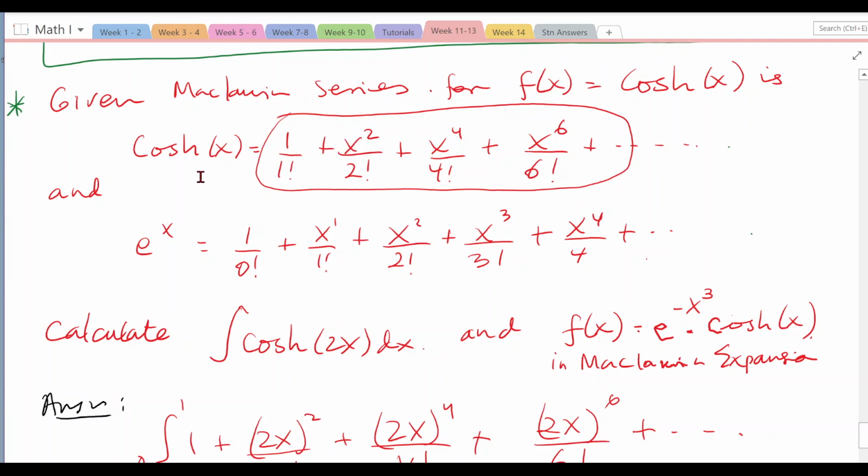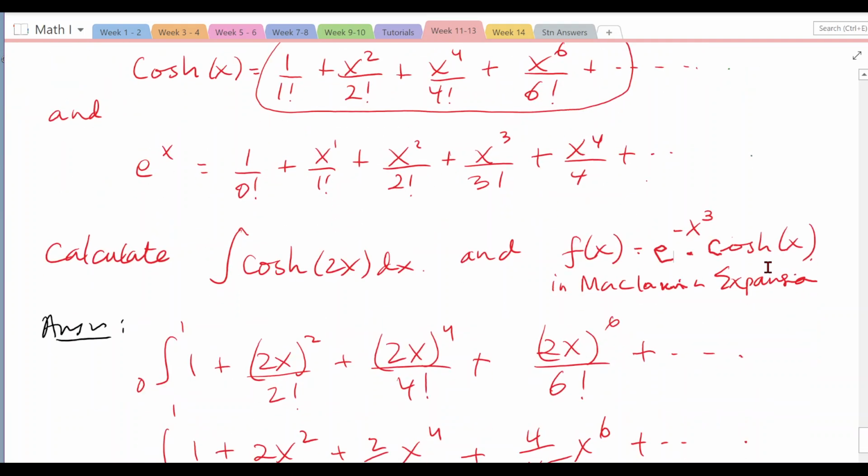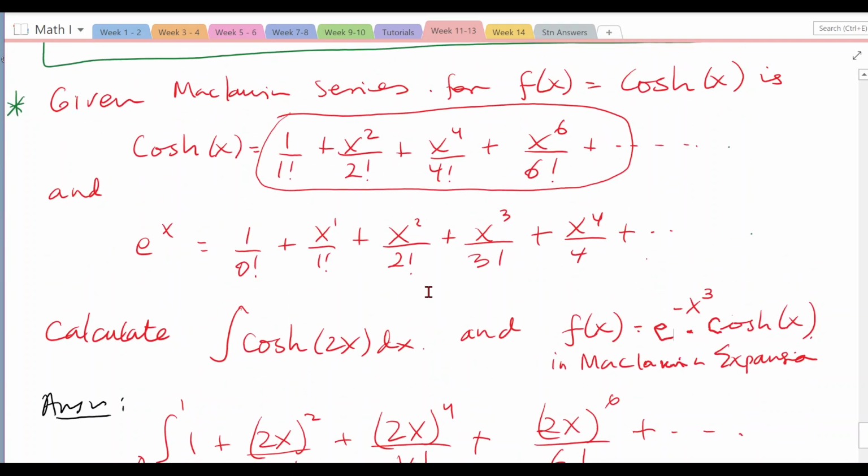So that's the Maclaurin series for cosh x, and then e to the power of x is given as 1 over 0 factorial, which is basically 1, plus x, because x divided by 1 is simply x, then x squared divided by 2, basically half x squared. This is 3 factorial, which is 6, and so on. So that's the Maclaurin series of e to the power of x.